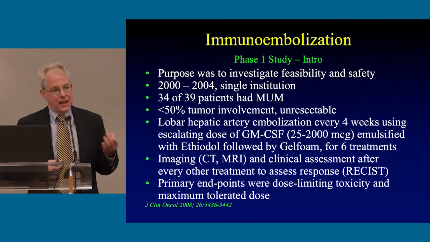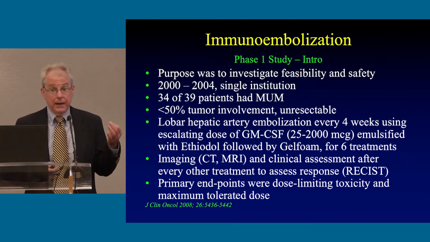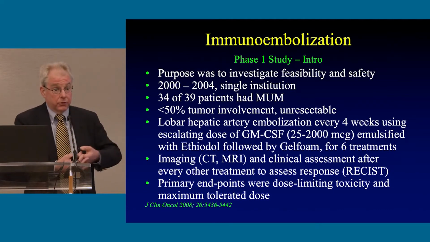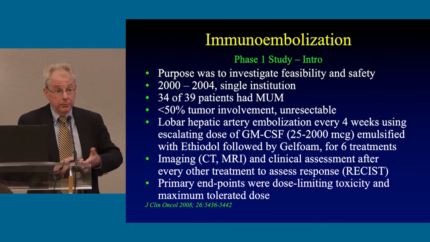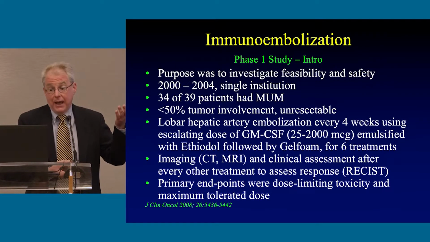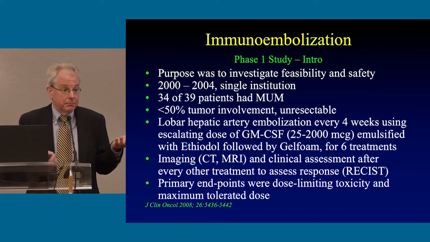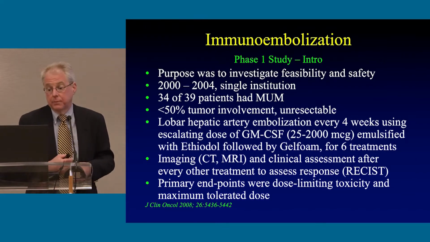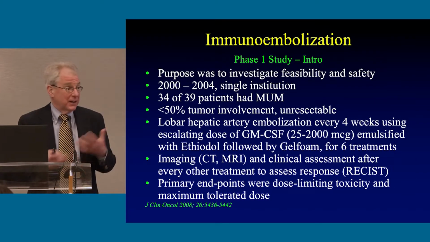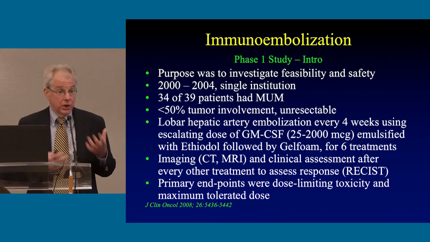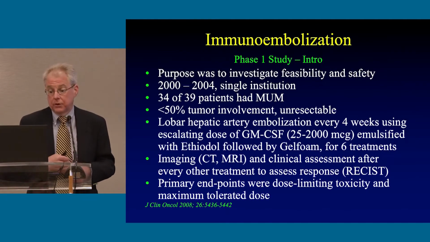And tumors tend to take up this oil, and therefore the drug, so it serves as a drug delivery vehicle, and it's viscous, it gums up tiny blood vessels within the tumor. We follow that by gel foam, kind of like a mashed up sterile styrofoam, which temporarily blocks off the arteries.